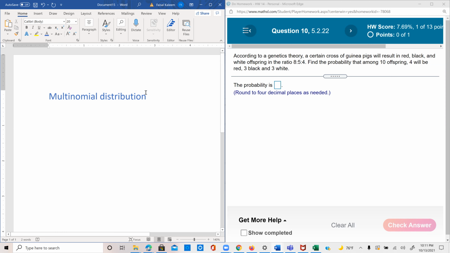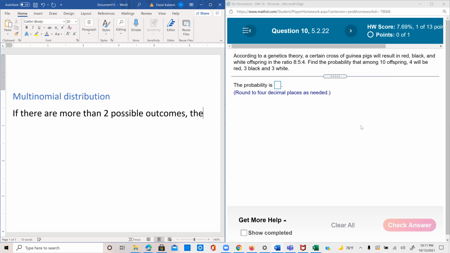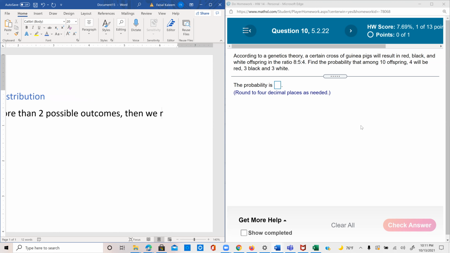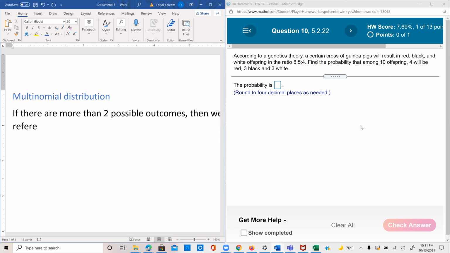So in general, if there are more than two possible outcomes, then we refer to the distribution as a multinomial distribution.